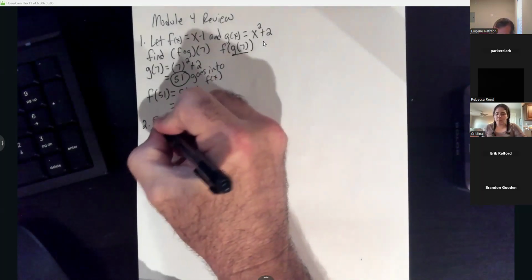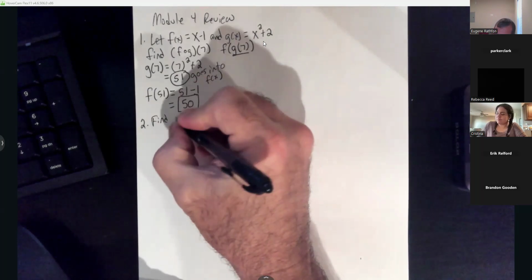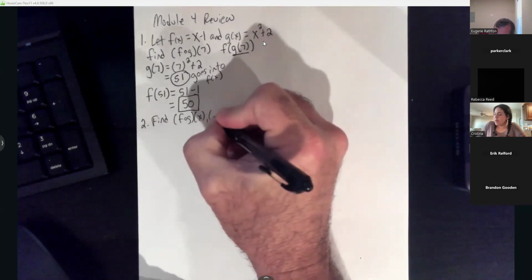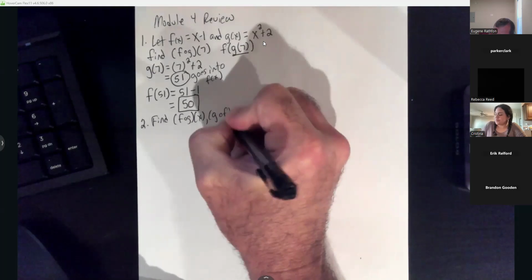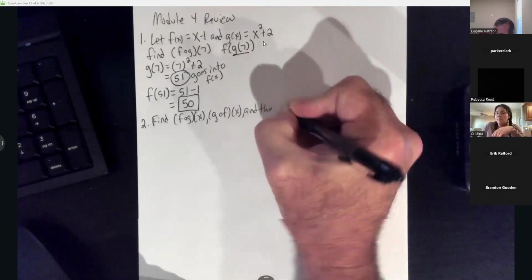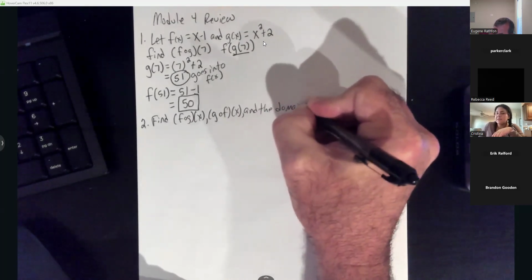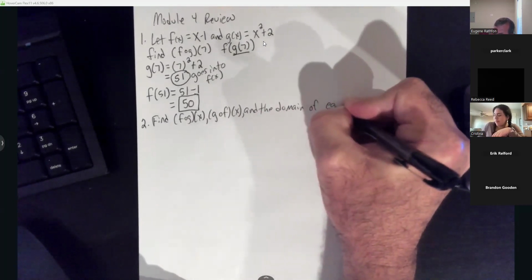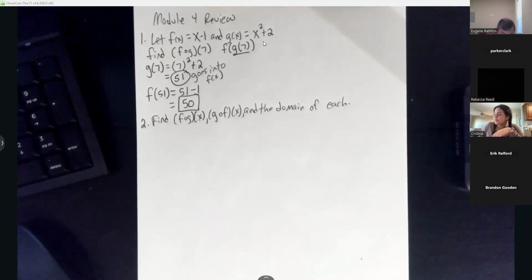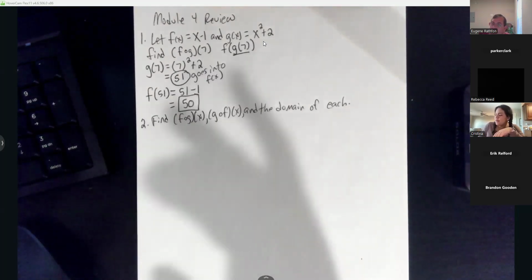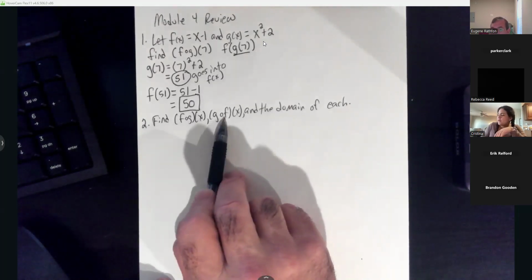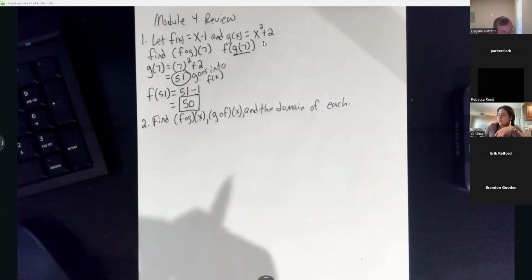So what we're going to do is find f composed g of x, g composed f of x, and the domain of each. Okay, so this is like two problems in one. We're going to find f composed g, g composed f, and then those domains, okay?